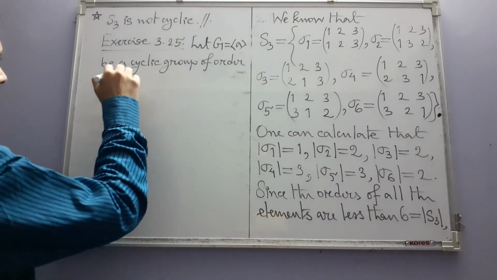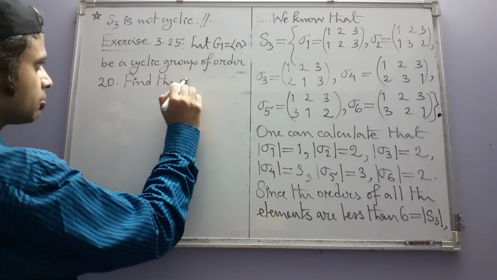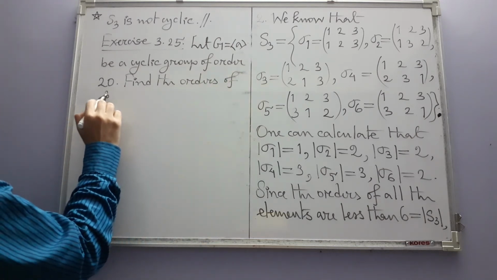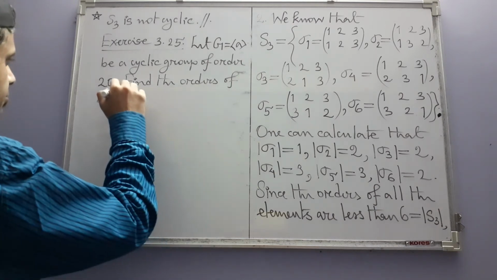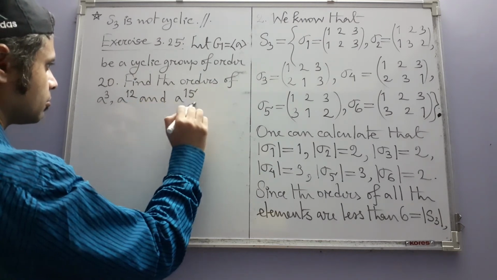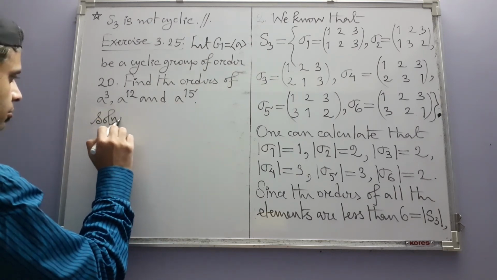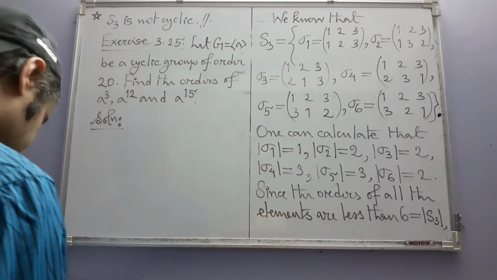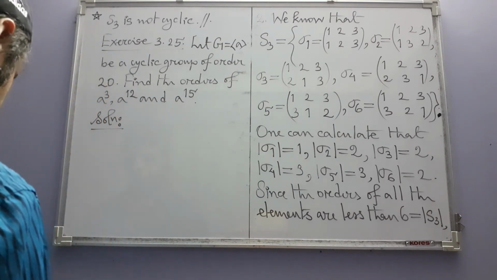Find the orders of these elements: A cubed, A to the power 12, and A to the power 15. Now here you can use one result from the text. It is your corollary 3.2.3.